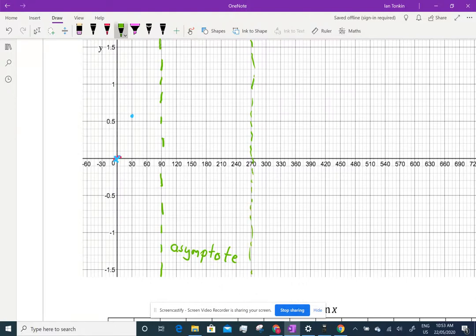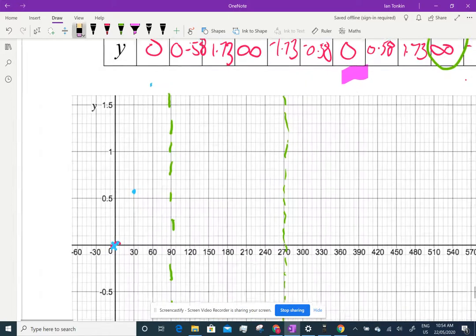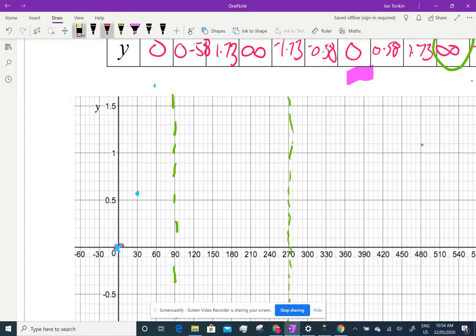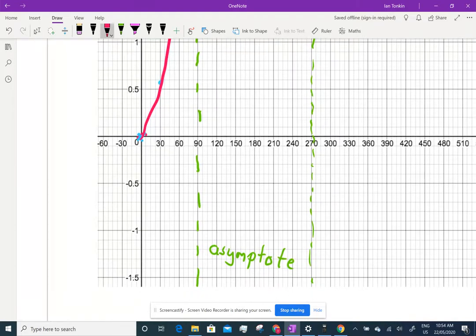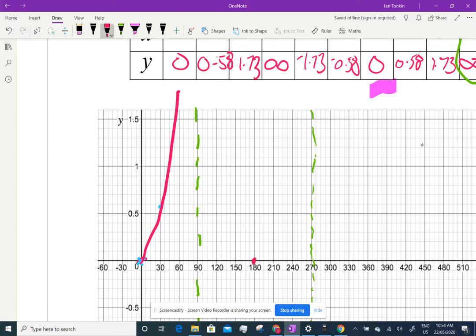All right. So our graph is going, oh, geez. Got to make it really steep to hit that point. Up like that. And it's doing the same. It's going to go through 0 here.